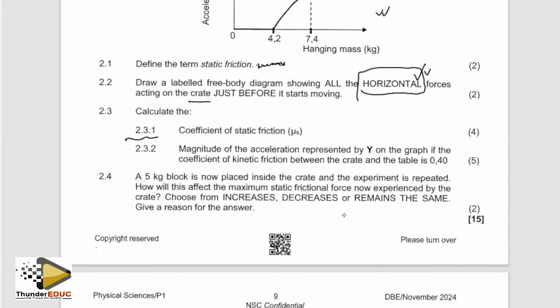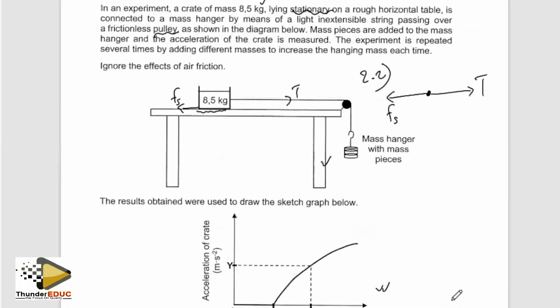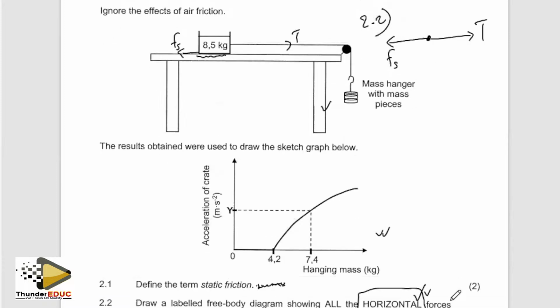All right, then 2.3.1, they want us to calculate now the coefficient of static friction, which is the mu s. My approach to this would be to look at the entire system, or I can start by looking at each body independently. But one thing I know from this graph is that at this point where the body is experiencing static friction, the amount of weight that was put there was just 4.2 kilograms.